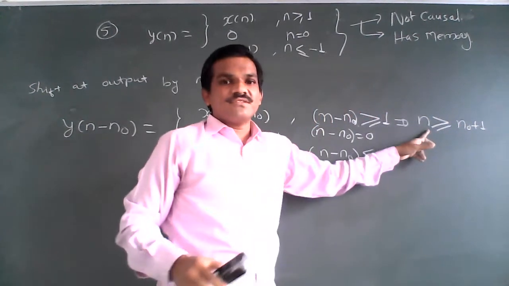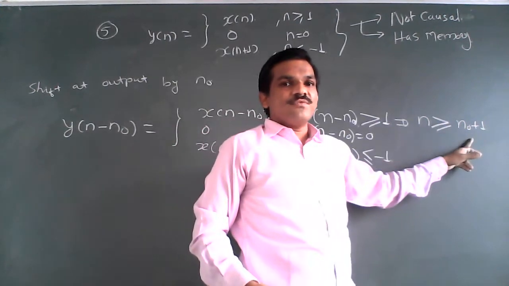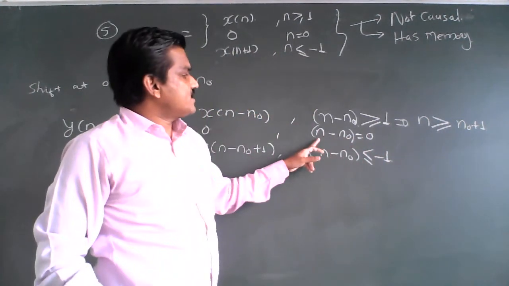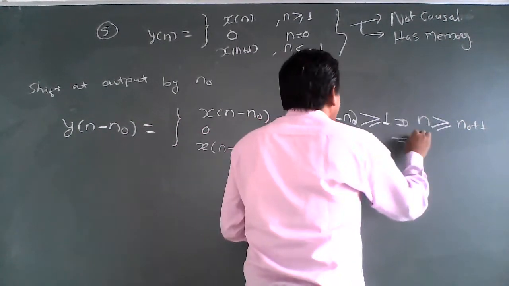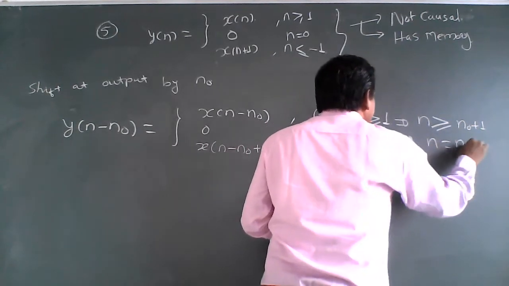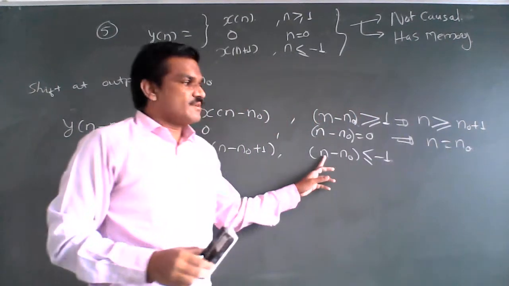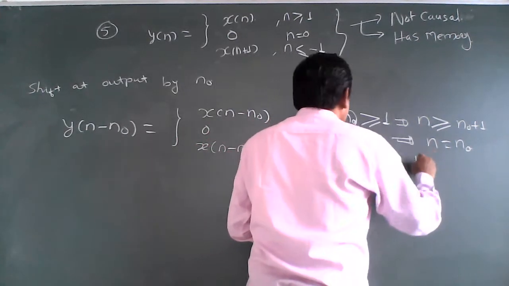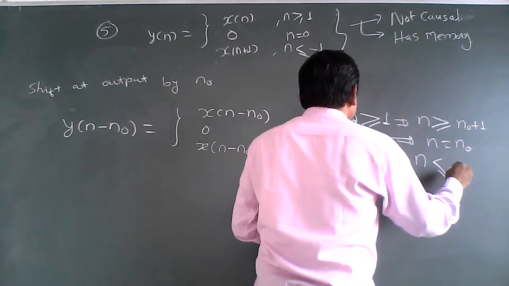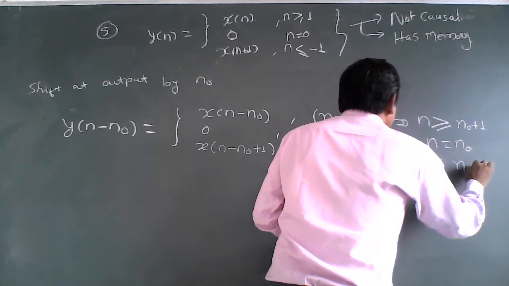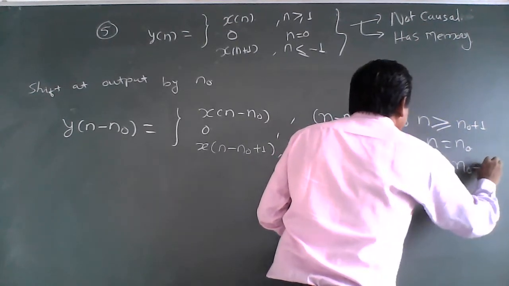This one we can rewrite as n equal to n0, and this as n less than or equal to n0 minus 1.